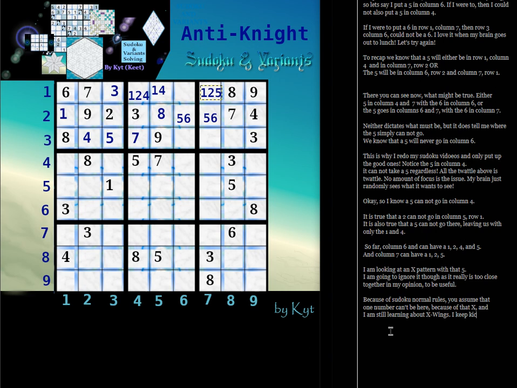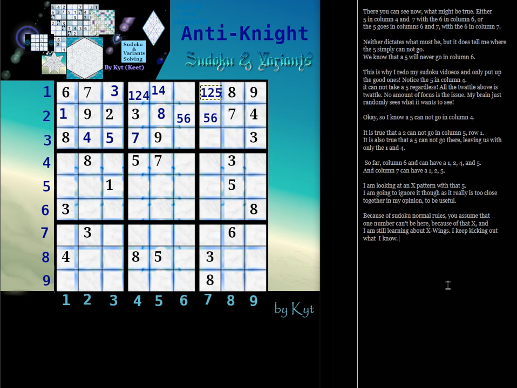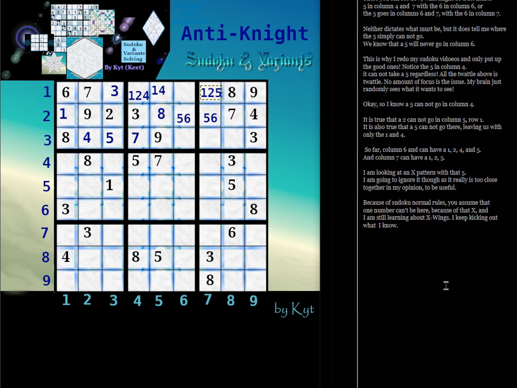I keep kicking out what I know. Besides, I've solved hards without using X-wings. Okay, moving on.